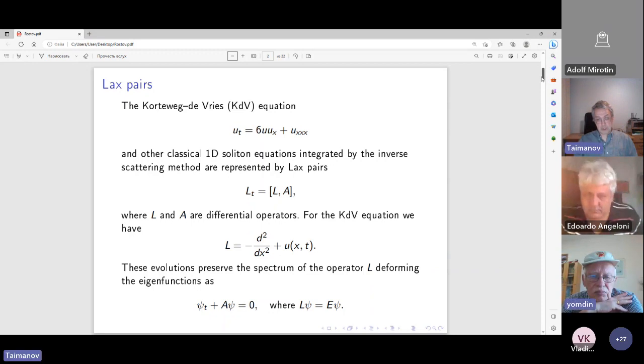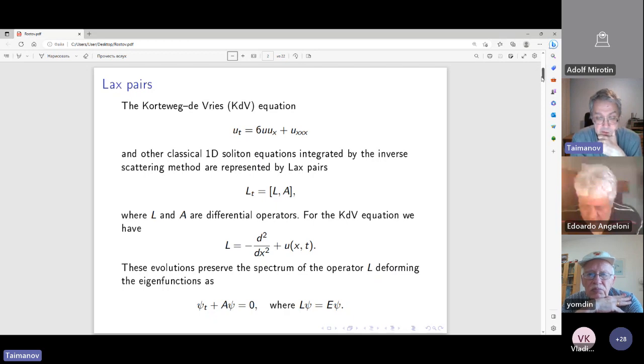So u_t is equal to just the commutator of L and A, because when we differentiate L in t, the derivative of this constant part, the second order differentiation with respect to x, is a constant operator. So its derivative with respect to t vanishes, and we are left only with the expression u_t, and the commutator gives you the right-hand side of the Korteweg-de Vries equation.